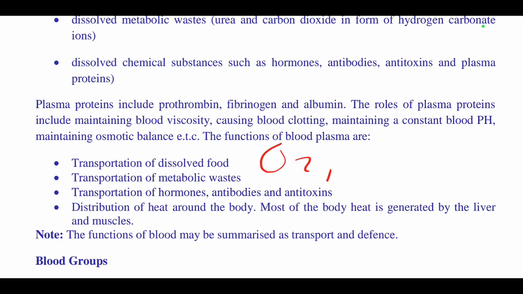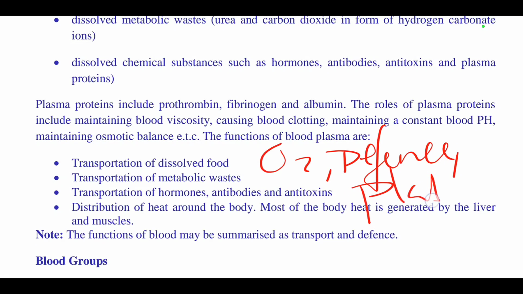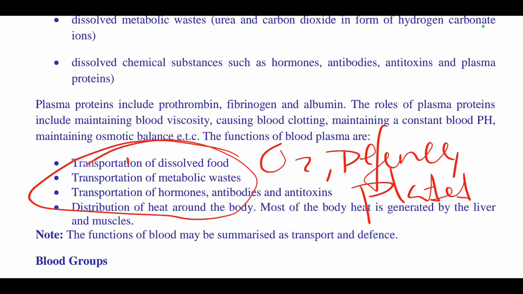White blood cells are for defense, defending the body against infections. Then platelets prevent entry of germs, so you can say they defend the body also. Defense. When you look at blood plasma, this is transport.